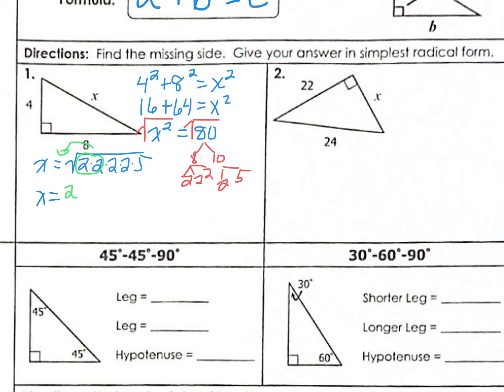So a 2 comes out in front. Then I have another group of 2's, and so that's going to come out in front of the radical and get multiplied to anything that's in front. And then anything that's left over under that radical that doesn't have anything to pair up will stay underneath the radical. So our x becomes 2 times 2 is 4, radical 5.